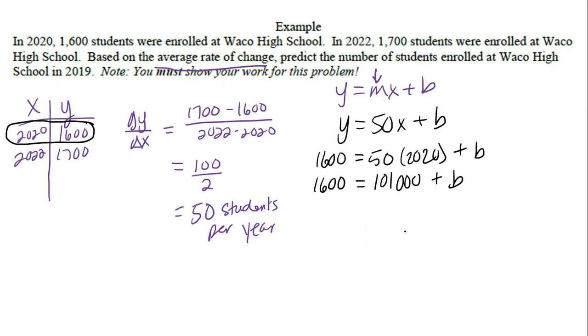All right, you two. Here we go. What do I need to do to get b by itself? Subtract. One try. And what I do to one side, I do to the other. So what is 1600 minus 101,000?